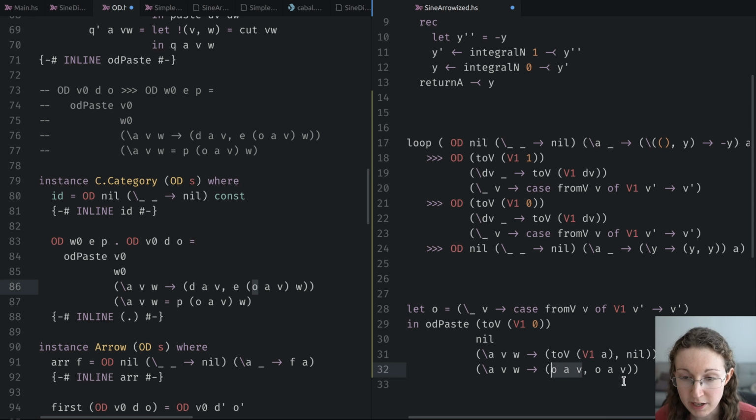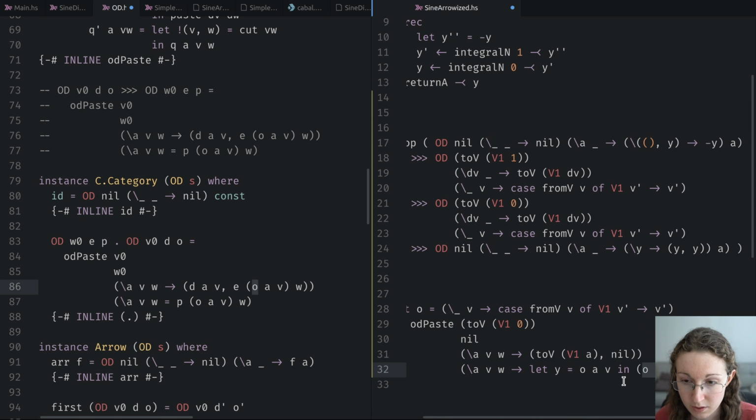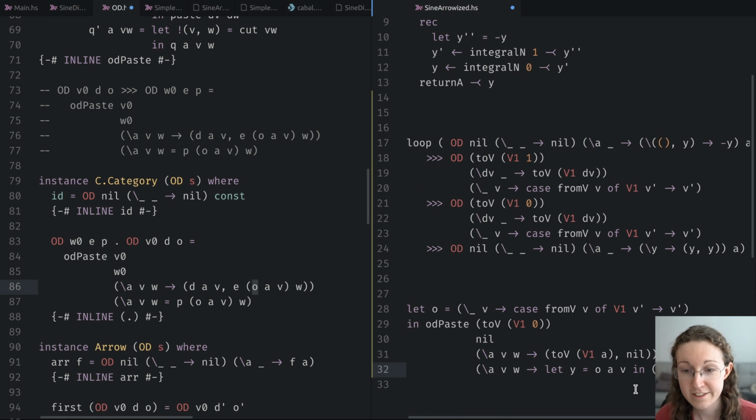So let's let bind this as well. Let's introduce an intermediate variable called y so that we can pull this out. And again, the fact that we can always do this is one of the nice things about Haskell being pure. In an imperative programming language, the difference between calling something once and calling it multiple times might change the semantics.